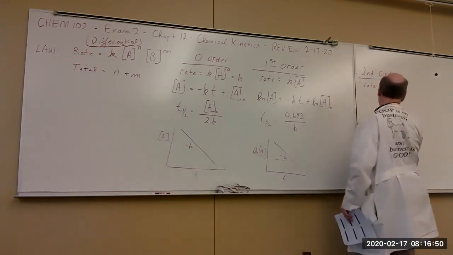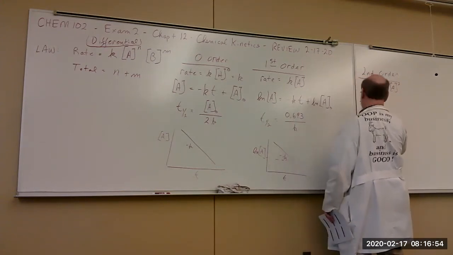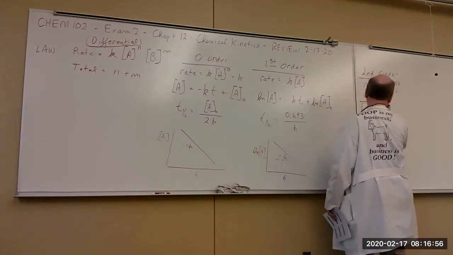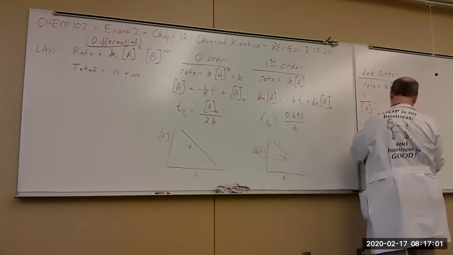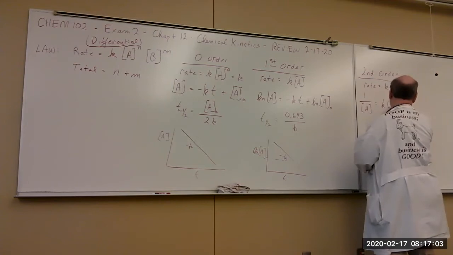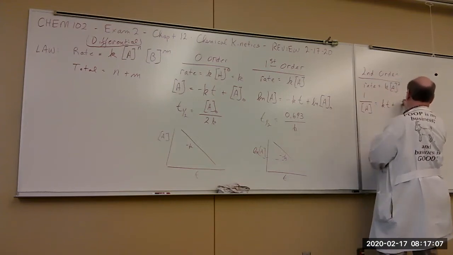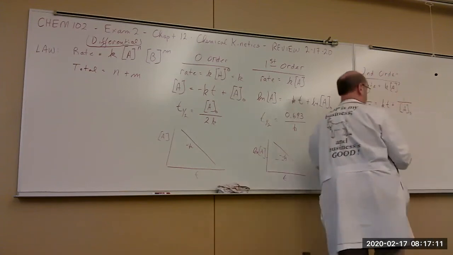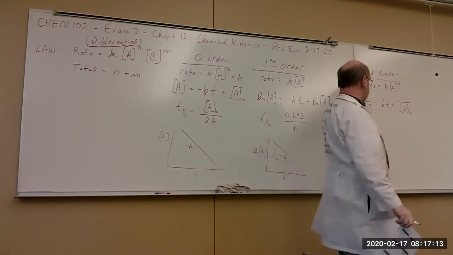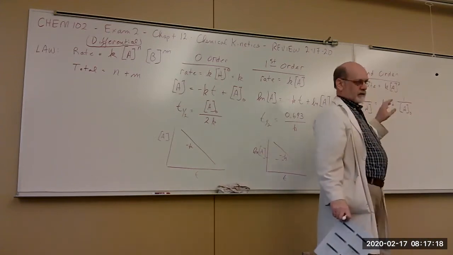And in this case, you take the inverse of A. I believe this is positive. Check this out. Okay, so now you have a straight line formed for the second order, and what you have to do is transform A into the inverse.